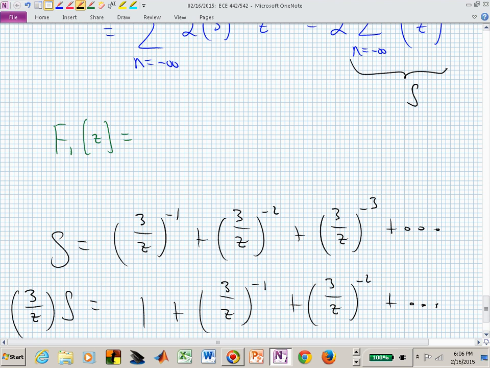And then it would be well behaved because we'll now have something that we will square, cube, etc. This is now going to be valid as long as 3 over Z is bigger than 1.